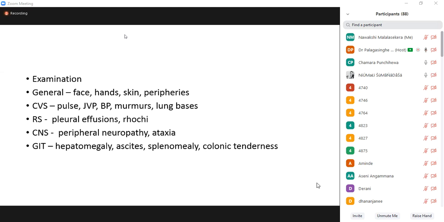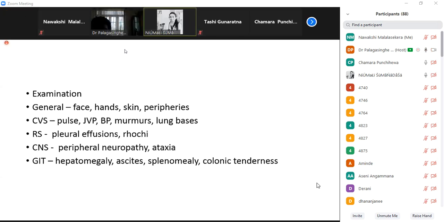Yes, edema is correct. Sometimes you might see some facial edema due to hypoalbuminemia. Some patients may be losing a lot of albumin in their stool, so the patient may be hypoalbuminemic. You may see an edematous face. Yes, why not? So anything else?